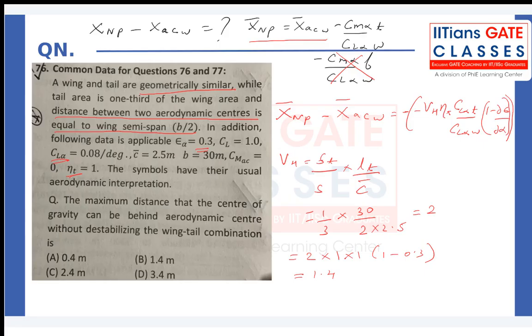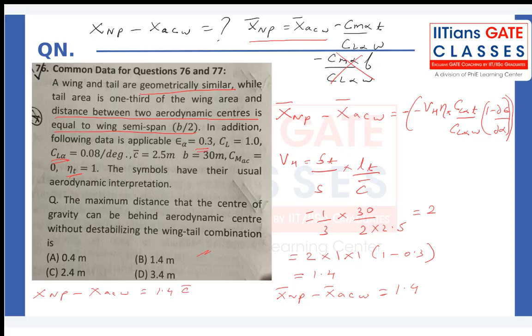So x bar NP minus x bar AC wing is 1.4. Now if I multiply it by C bar, x NP minus x AC wing is 1.4 into C bar.